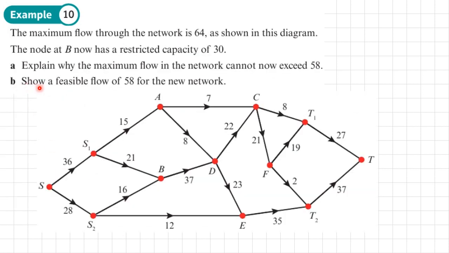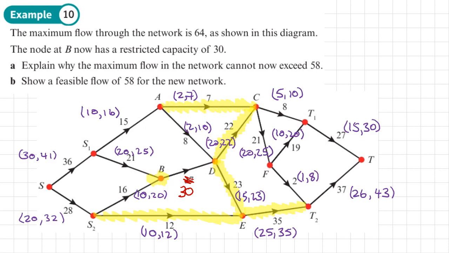And part B, show a feasible flow of 38 for the new network. So I've got this restriction here. I'm not going to draw the B in and B out again, but what we know is that there is the restriction of 30. I've also added onto this diagram the minimum and maximum capacity of each of the arcs and those arcs here which are saturated.